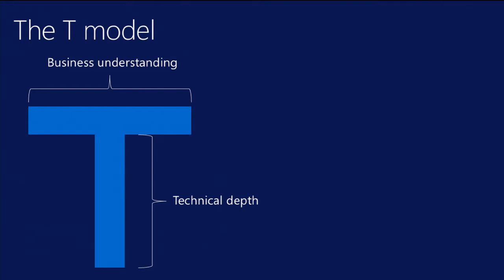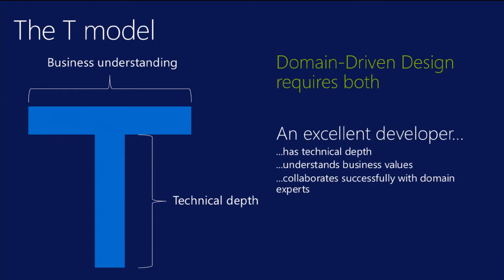These are two very important components that you need when you do domain-driven design. So for a developer to excel at domain-driven design, he or she needs to have technical depth and needs to understand business values to be able to communicate successfully with domain experts, right?